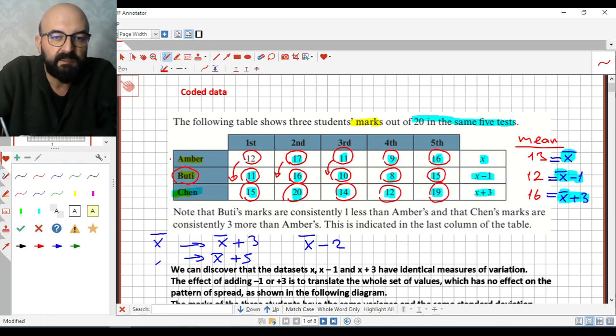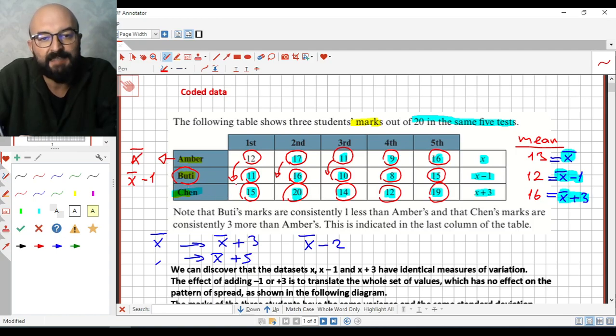If we say the mean of Amber's marks is the mean of x, Booty's marks mean becomes the mean of x minus 1, because all of Booty's marks are 1 less than Amber's marks, and Chan's marks are 3 greater than Amber's marks.